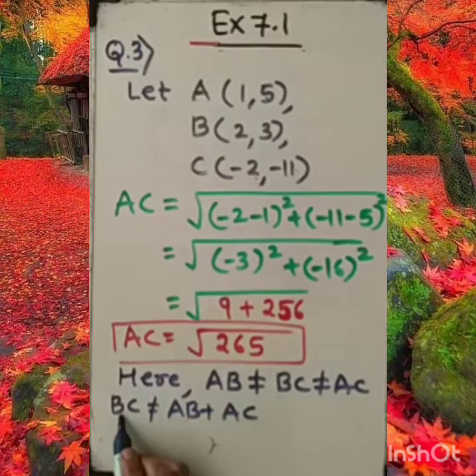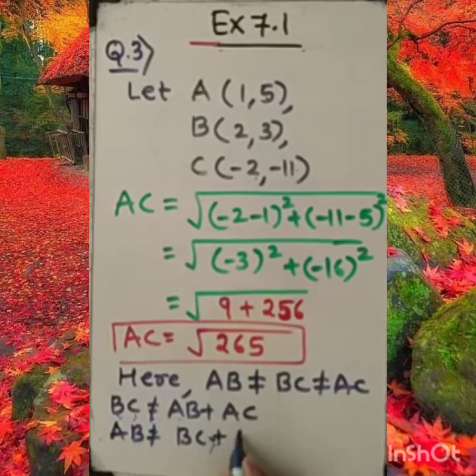Means if we are considering A as a midpoint, then the distance between B and C doesn't equal the sum of the other two. Similarly, if I am choosing AB, then that is also not equal to BC plus AC, if C is considered as a midpoint.